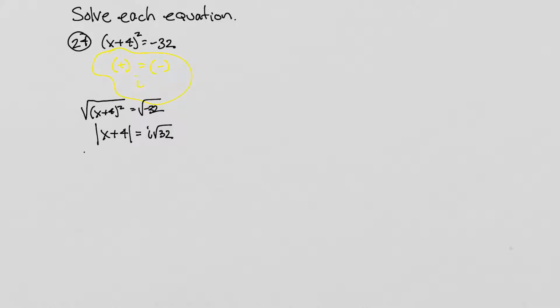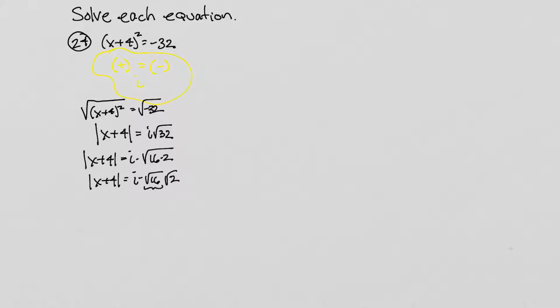So we're going to have the absolute value of x plus 4 equals i times, now 32 we can write as, I'll go ahead and write it here. Some of this you can probably do in your head. But we're going to get 16 times 2. This will give us x plus 4 equals i times square root of 16, square root of 2.